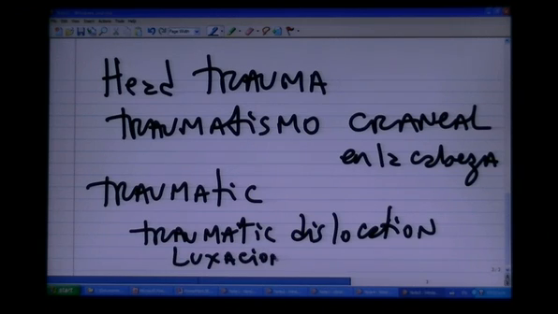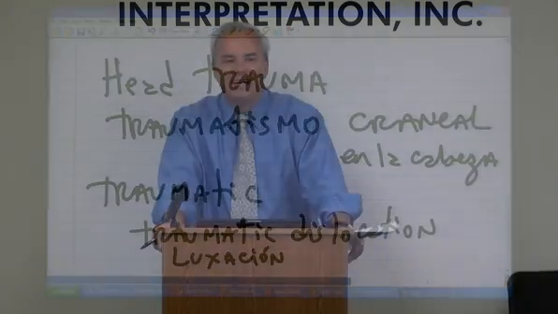Luxación. Now, would people understand luxación if you go tomorrow? So what are you going to do with dislocation? ¿Salió de su lugar? ¿Se zafó? See, you can use that.